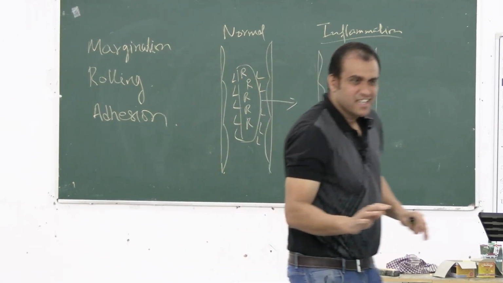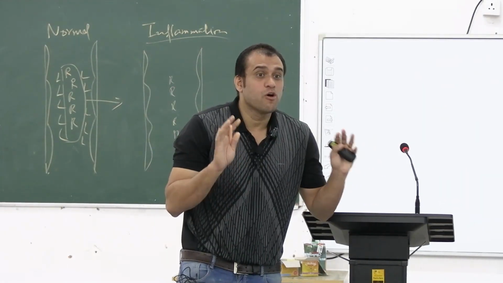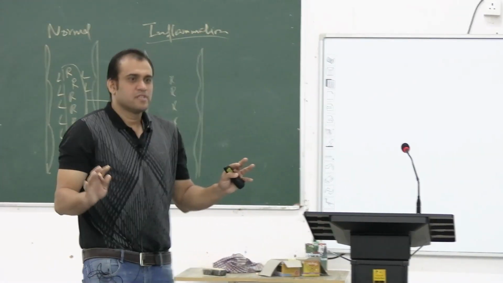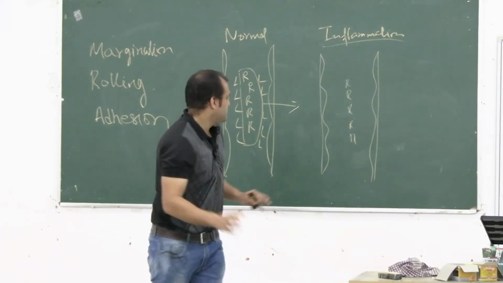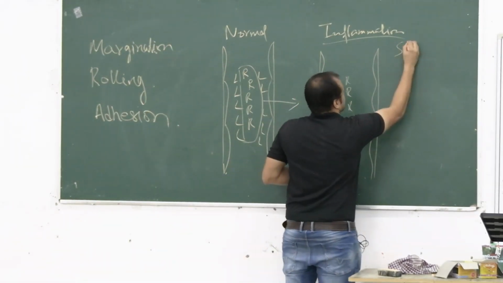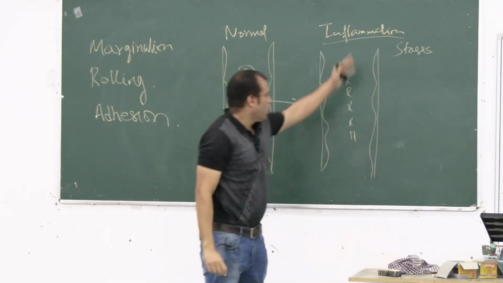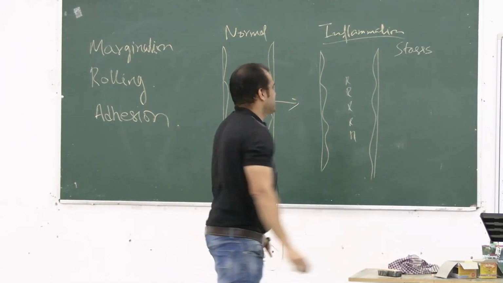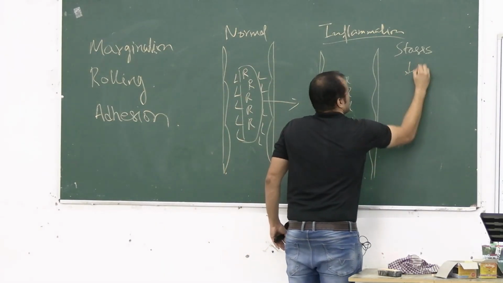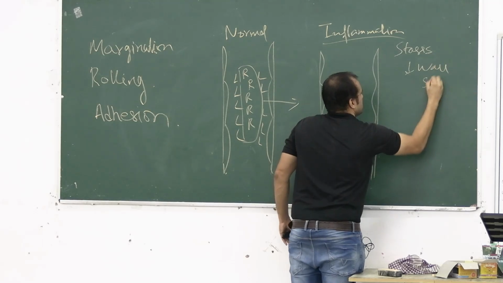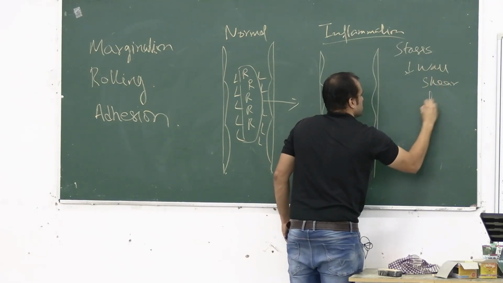Yes? The blood flow slows down. Stasis. Right? There is stasis in inflammation. So the wall shear force decreases. Decreasing wall shear force.